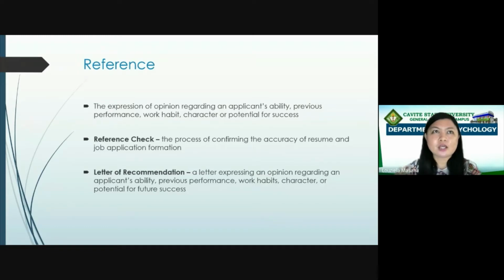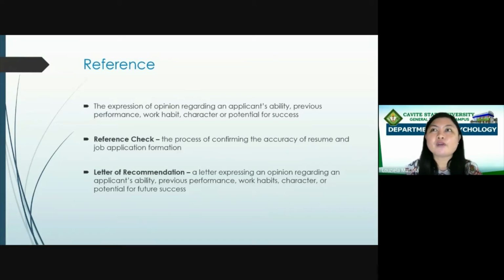Kasi if we have recruitment and selection, yung mga HR, tinitignan yan, character references, nagkakaroon ng reference check, nagkakaroon ng verification, whether yung content ng resume mo ay tama at wala kang nilagay sa resume na hindi totoo. So it checks the veracity, the truthfulness of the content of your resume, your application.